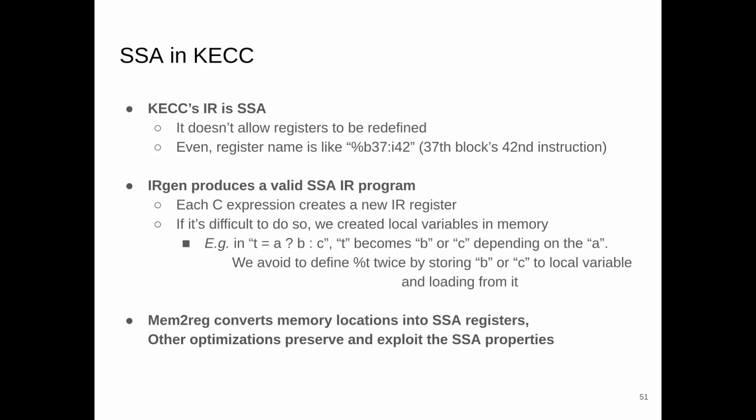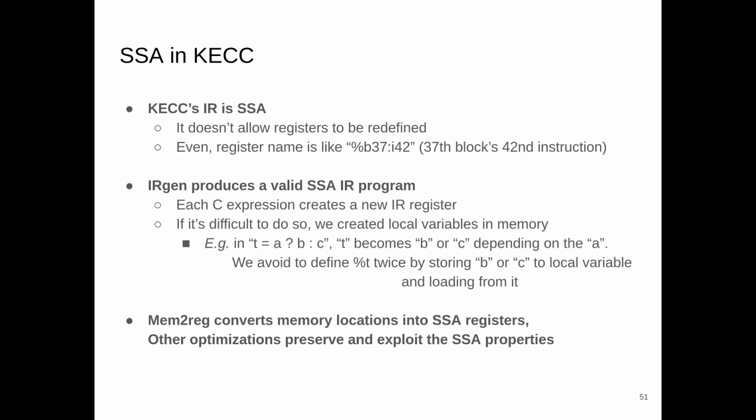The key message of this example is that IRGen never produces an invalid SSA program. It only produces a valid SSA IR program. Furthermore, in a later stage of compilation, the optimization pass called mem2reg converts memory locations into registers, and it is guaranteed to produce only code that satisfies SSA.